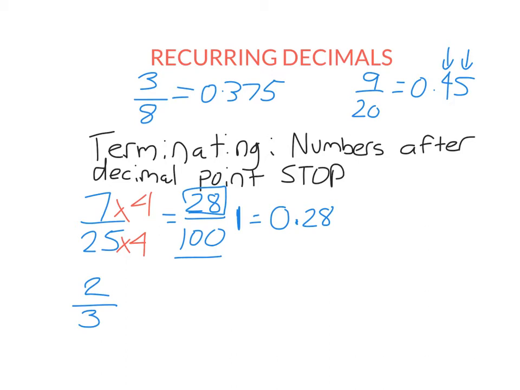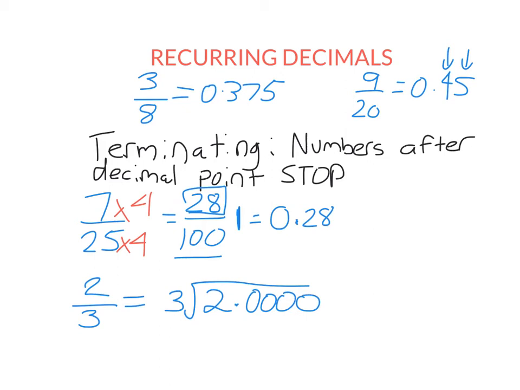In fact, it doesn't go into any power of 10. So what I have to do is use the other method I taught you last lesson, and that's the short division algorithm. So 2 over 3 means 2 divided by 3, or how many times does 3 go into 2? Because 3 doesn't go into 2 one time, I can write this as 2.00, as many zeros as I want, of course.